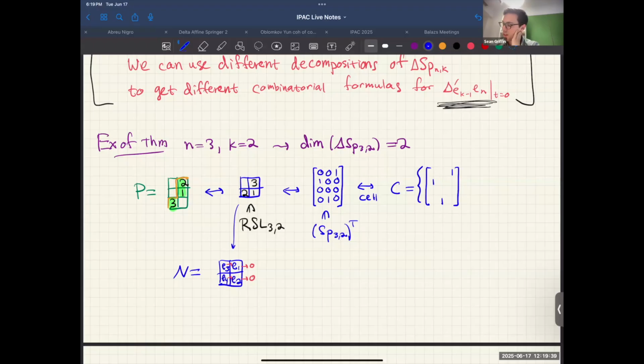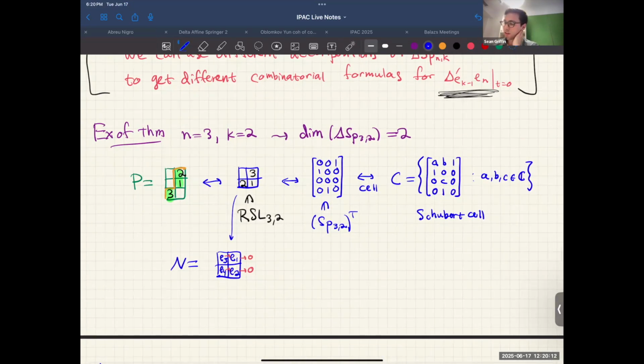And then the way that the corresponding Schubert cell works is you put zeros to the right and below each one. So below and to the right of each one. And then in the remaining spaces, I have some free parameters. So I can put A, B, C for some arbitrary parameters.